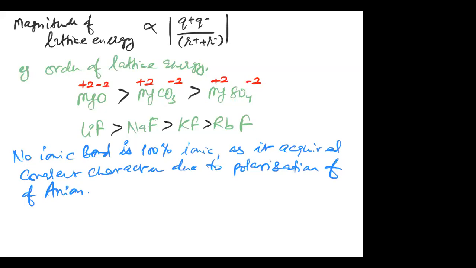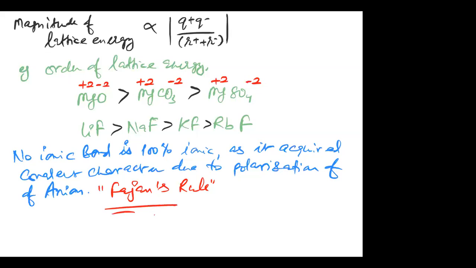We'll see the meaning of polarization of anion. No ionic bond is 100% ionic as it acquires covalent character due to polarization of anion. Sometimes it is also related to Fajan's rule, F-A-J-A-N. So it is something related to Fajan's rule in different books.